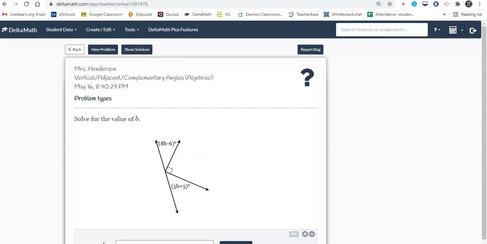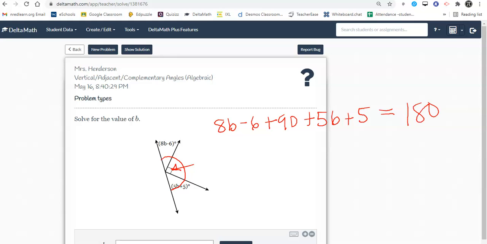So technically, my first angle, 8b minus 6, plus that middle 90-degree angle, plus this third angle, 5b plus 5, all of that makes one straight angle, or they're supplementary. Combine all of my like terms, so 8b plus 5b makes 13b, and then I have minus 6 plus 90 plus 5.